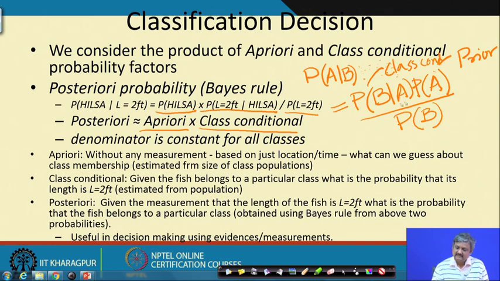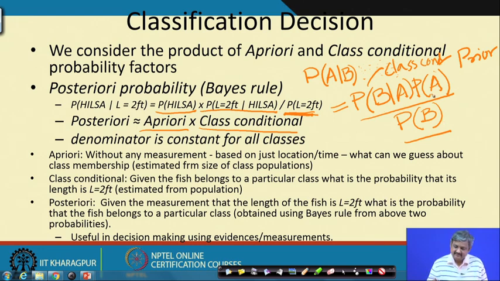So, class conditional into prior divided by P B. Note that this denominator, whatever class I take, is the same, it is independent of class. So, if I multiply both the curves by 1 by P B, both will equally scale, so the intersection will not change. The denominator is a scale factor same for both classes.